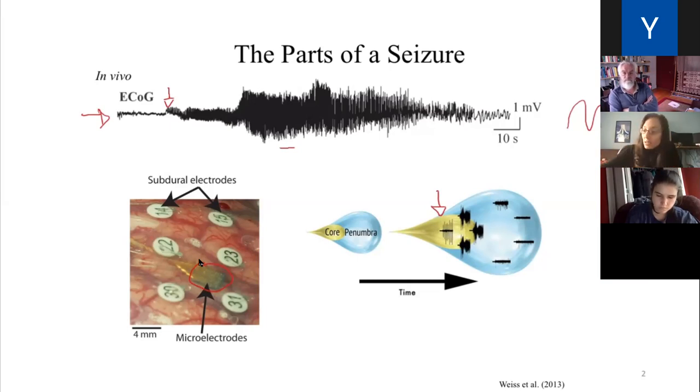And outside of this, there were neurons that didn't really look like they had anything to do with that activity whatsoever. This is what they call the penumbra. And over the course of the seizure, you can see that there's this wave front of very, very high activity that's slowly propagating outwards, recruiting neurons into that core.